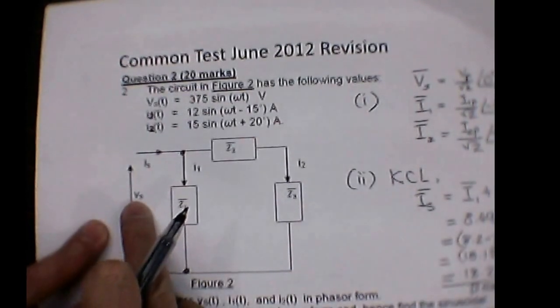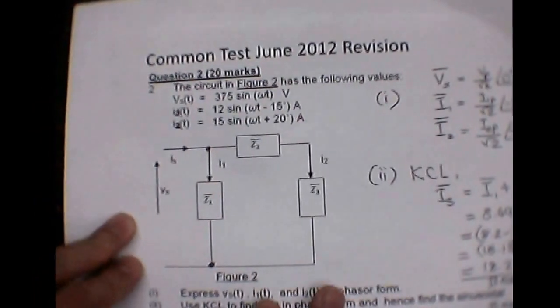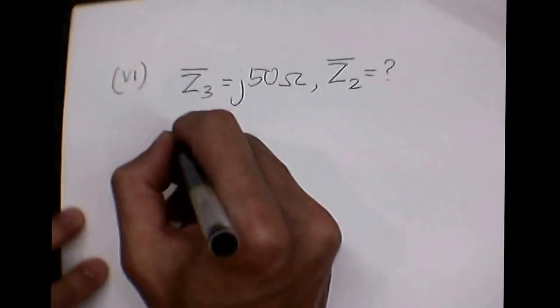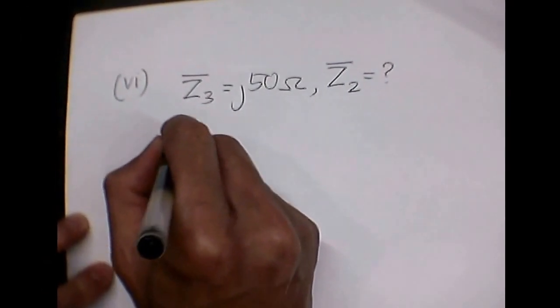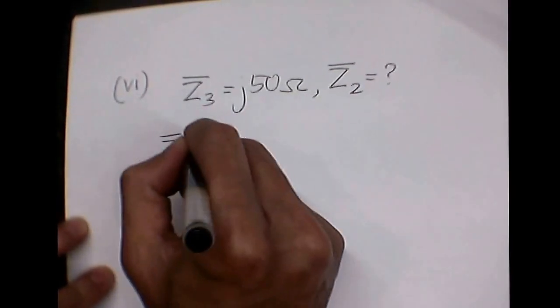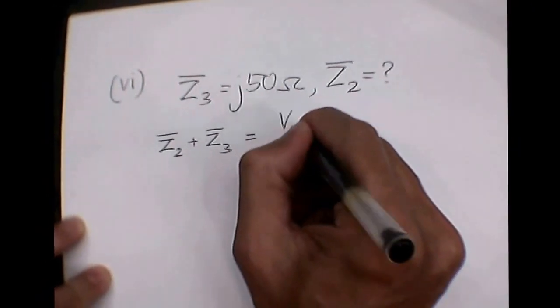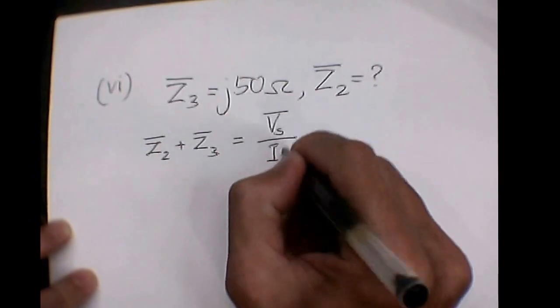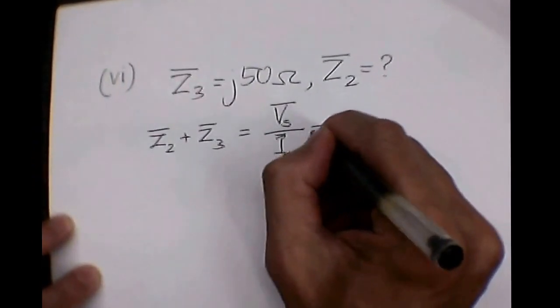So I can use Vs divided by I2, which should be the same as the impedance Z2 plus Z3. In other words, Z2 plus Z3 is equal to the applied voltage Vs in the branch divided by the branch current I2, which we have calculated earlier.